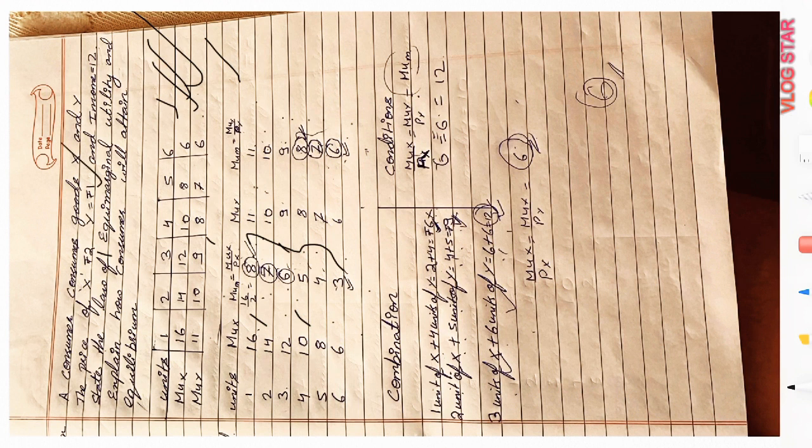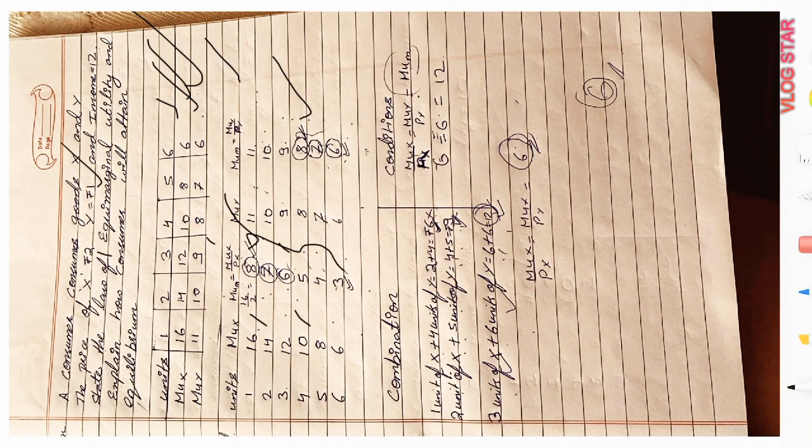So let's put in the formula. Let's take various combinations over here. Let's see the similar figures where MUX upon PX is equal to MUY upon PY.